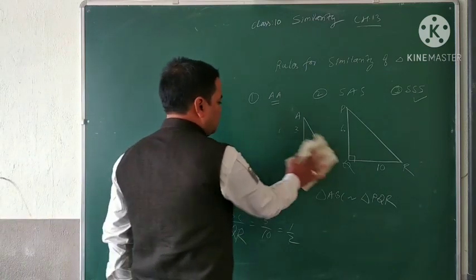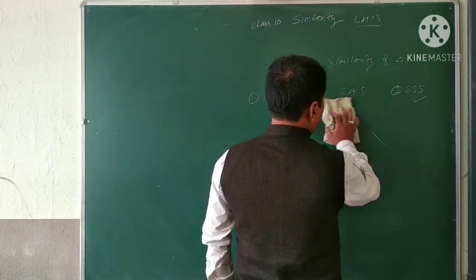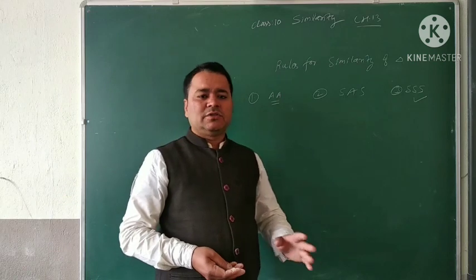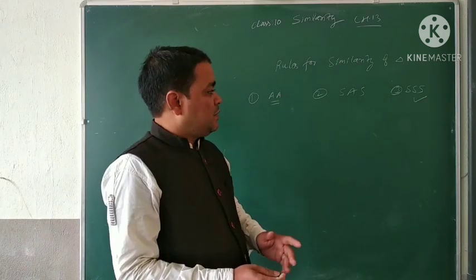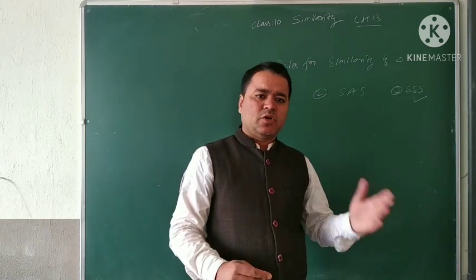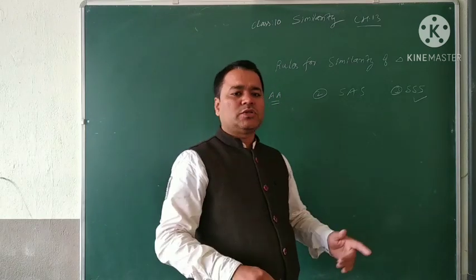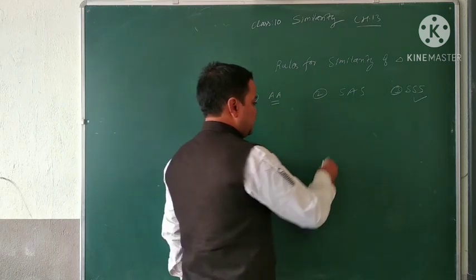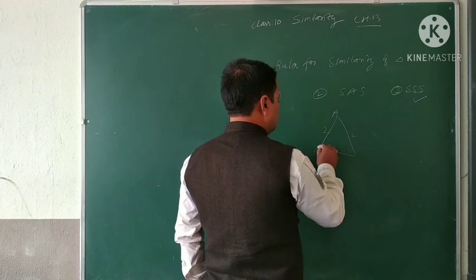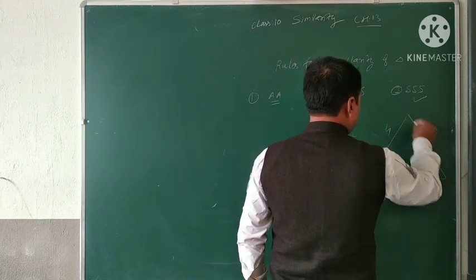Similarly, the last one. Remember the previous example? Whatever I erased. In that case, if we have the two triangles ABC and PQR, in which the ratio of the corresponding sides are constant, then we say that both triangles will be similar. Just like here, we have 2, and here like that 4.